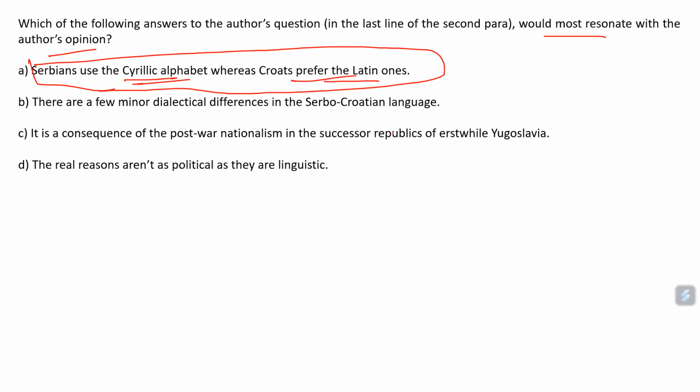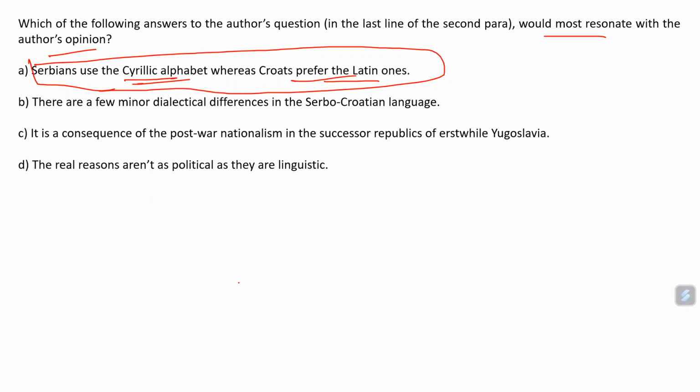Apart from those few minor dialectal differences, are there any other differences? No. Hence the few minor dialectal differences could be pushed aside if we want the language to prosper, and it will not create much chaos. Why? Just because all of them speak the same language.